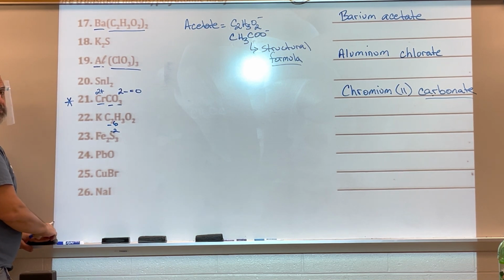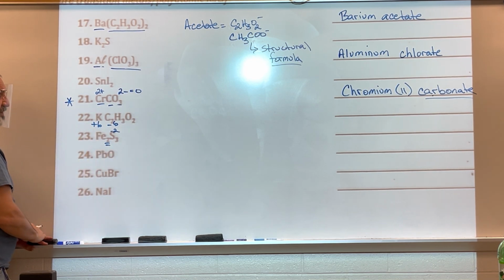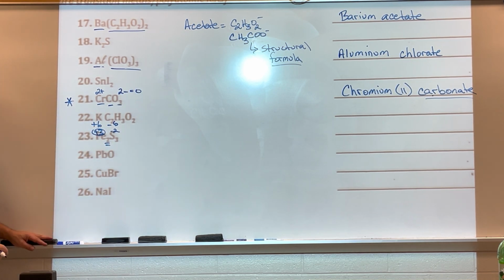Therefore, what must be the total positive charge? +6. But because I have 2 of them, each one must be +3. Just for those of you at home, I saw fingers being raised up with the number 3, even though you're not hearing any responses on the camera. So what's the name going to be? Iron sulfide. Not iron.